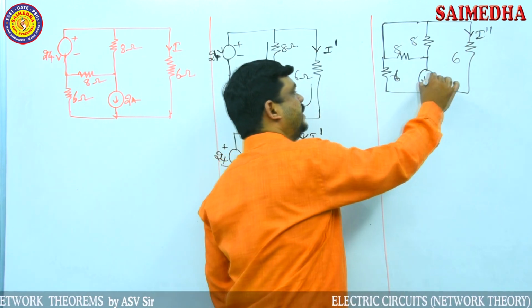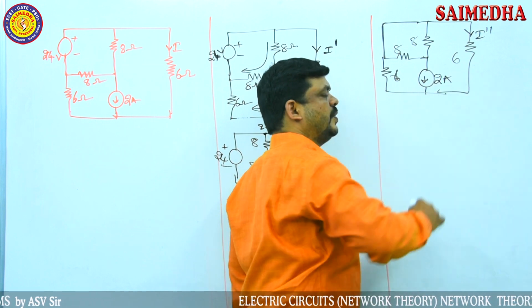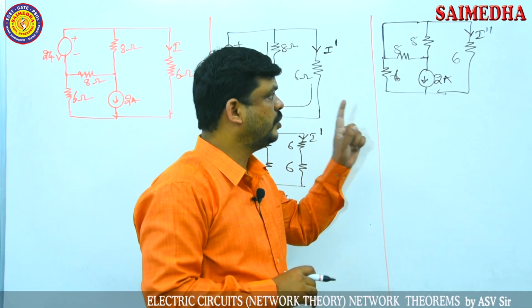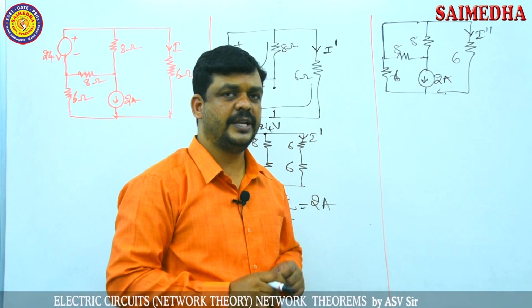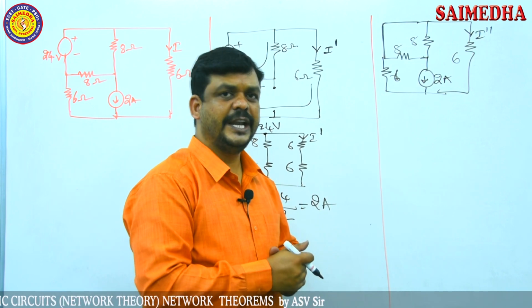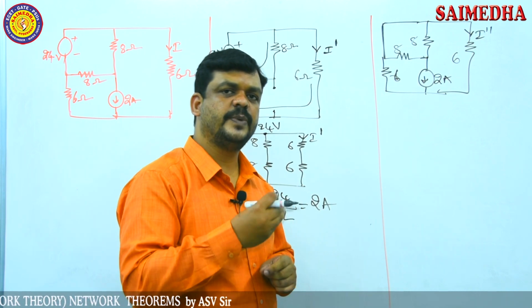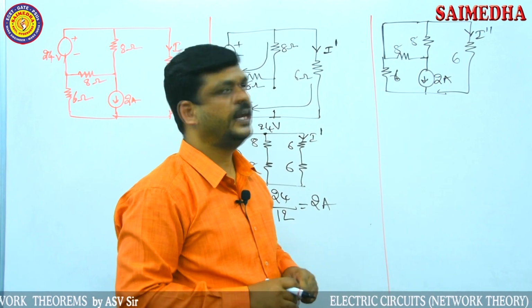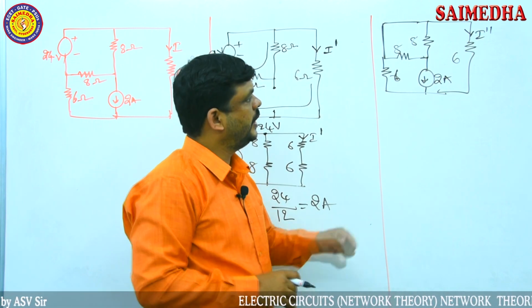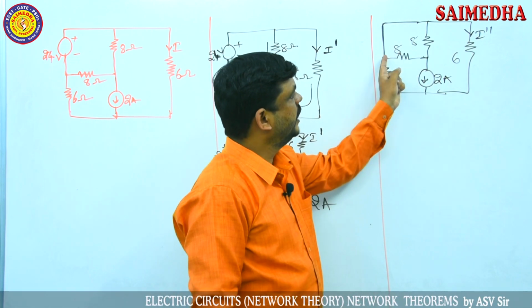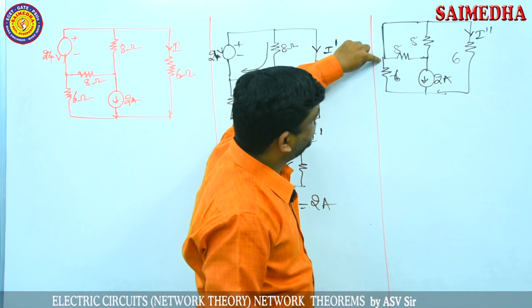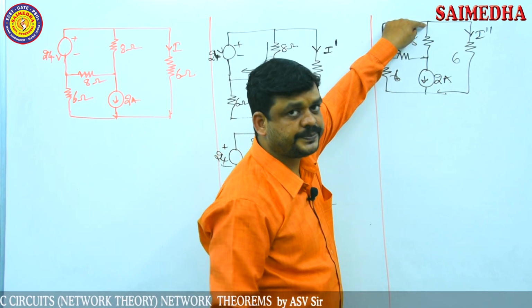Now I am assuming this current is due to the second source, the current through the element acting just like an individual response. That individual response is due to the second source, so I wrote I double dash. Now the voltage source is short circuited, so this point is directly connected to this point.